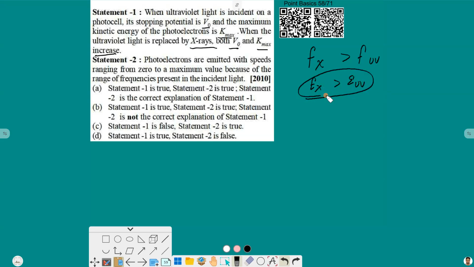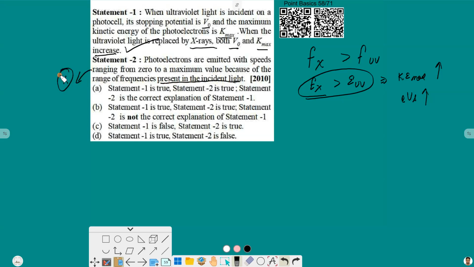And if energy is greater, then the maximum kinetic energy of ejected electrons will be greater and stopping potential will also be higher. So statement 1 is right here. Now coming to the second one, photoelectrons are emitted with speed ranging from 0 to maximum value because of the range of frequency present in the incident light. So that's not true here. That is going to be false.